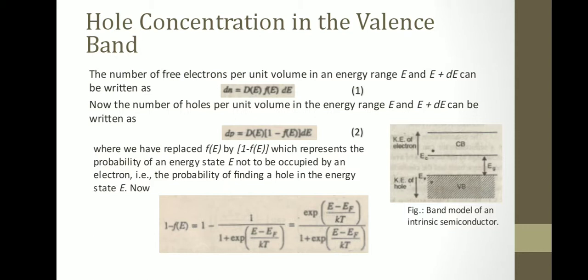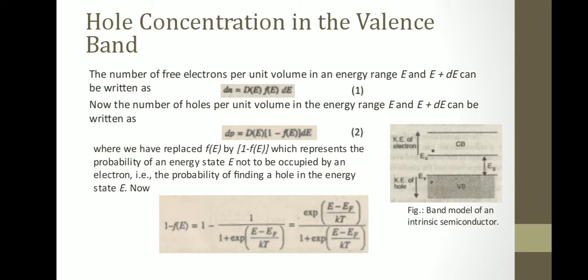This is known as equation number 1, and here D of E is the density of states, defined as the total number of allowed electronic states per unit volume in a semiconductor, and F of E is the Fermi distribution function representing the probability of the occupation of the states with energy E.